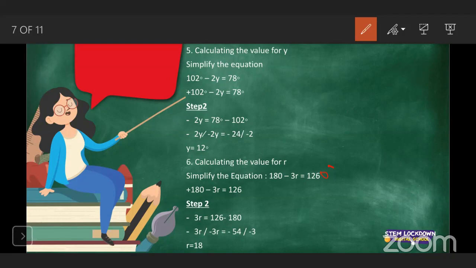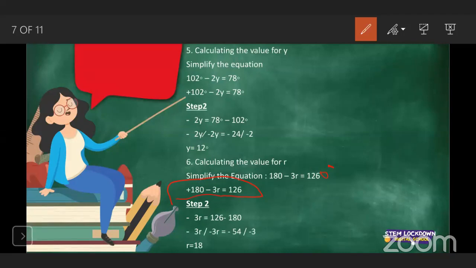When we find our value for r, let's simplify the equation here. 180 minus 3r equals 126 degrees. And this is how we do it. Our r will be 18 degrees.